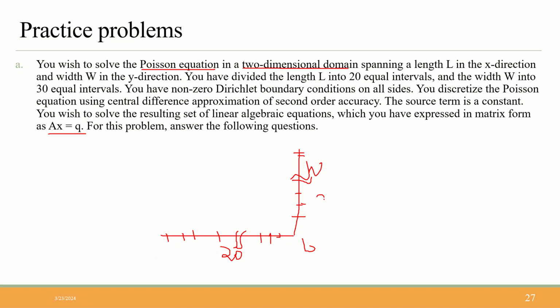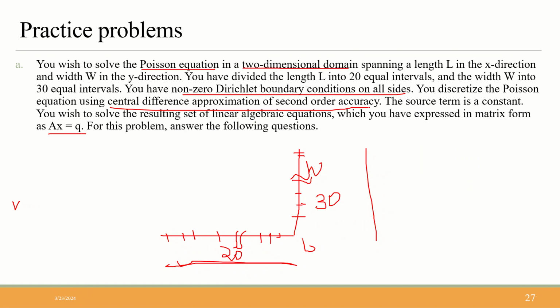And we have non-zero Dirichlet boundary condition on all sides. What does it mean? If the boundary condition is Dirichlet, we have values of the variables. So we have variable values on this boundary, and all values are non-zero. And we discretize the Poisson equation using central difference approximation of second order accuracy.